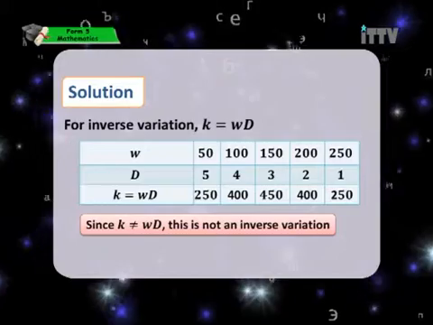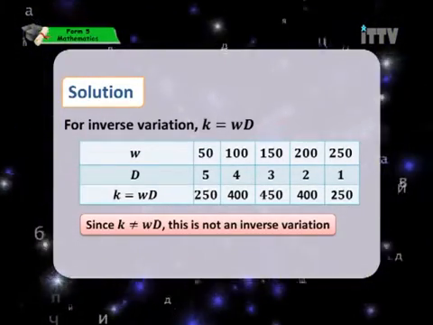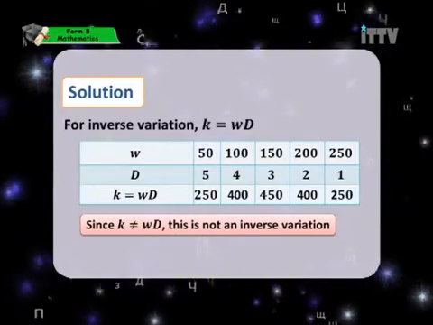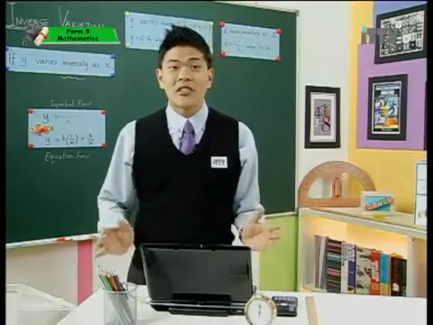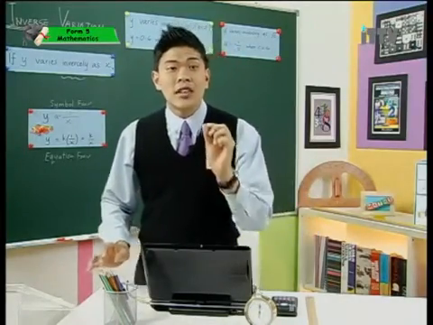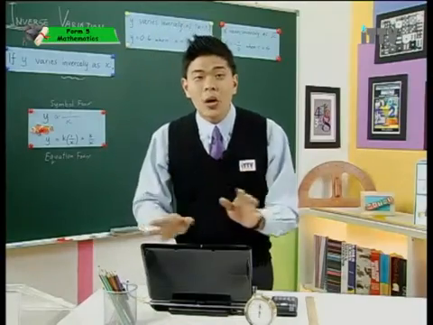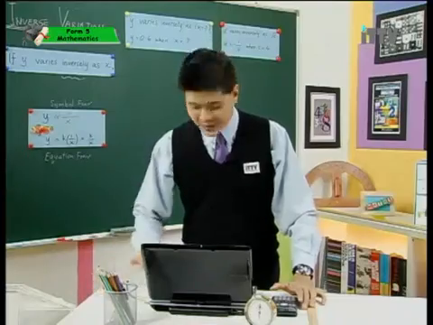So the conclusion is, since k does not equal WD, this is not an inverse variation. So although a pattern is there, inverse variation doesn't occur. Because if inverse variation is there, the value of k that is obtained would be equal for all the pairs of values of W and D.